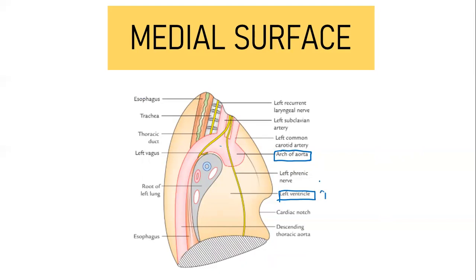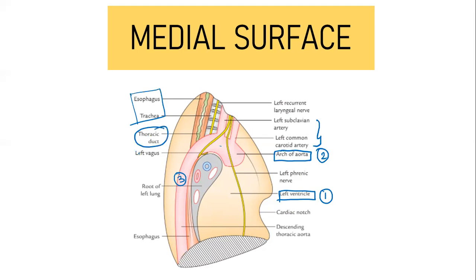Yes, left ventricle along with arch of aorta and descending thoracic aorta. Right? Then I'll be having the subclavian arteries and the common carotid arteries. Then as usual, esophagus and some part of trachea. Along with that, thoracic duct.